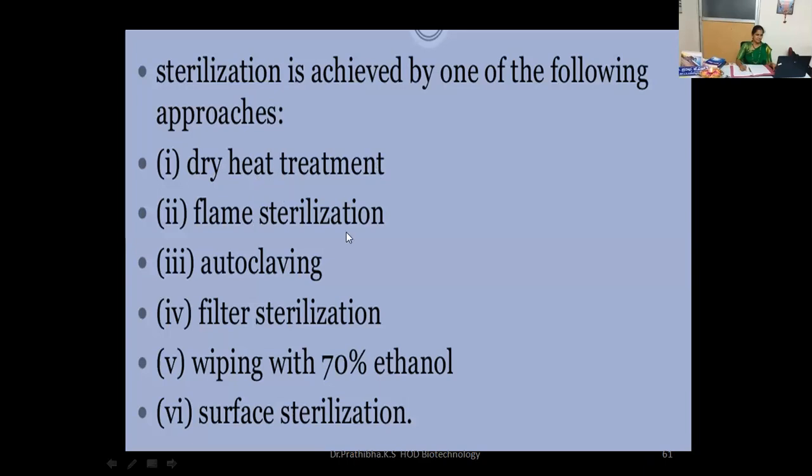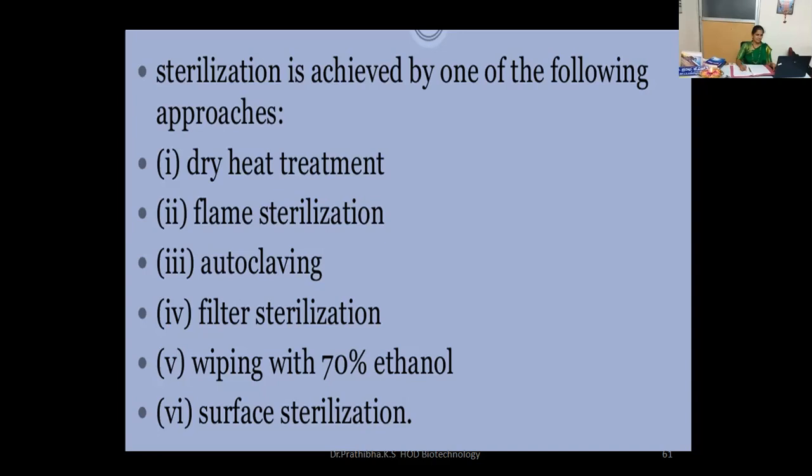Next, flame sterilization. As I told you, flame sterilization is exposing the forceps, scalpel holders, blades and other surgical tools to the flame. Apart from that, we observe flame sterilization when you inoculate the explant into the culture bottle: the mouth of the conical flask or wide mouth culture bottle will be exposed to the flame.